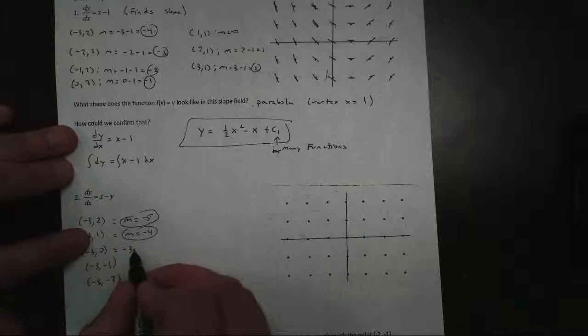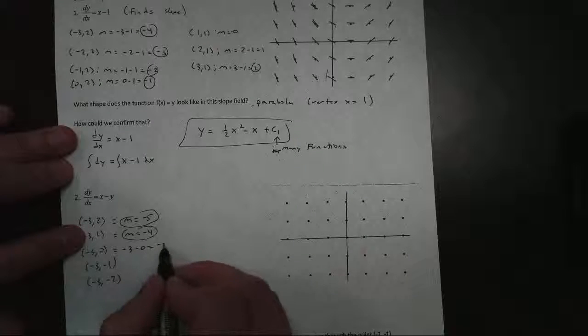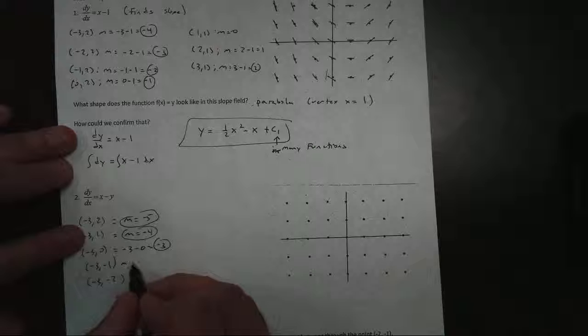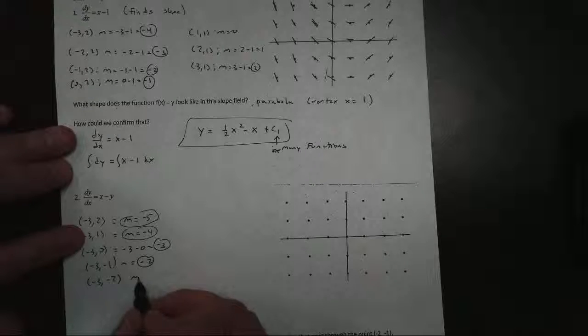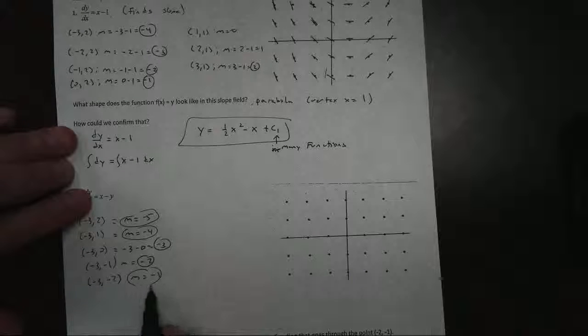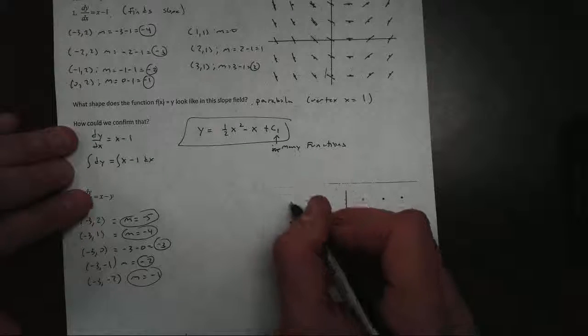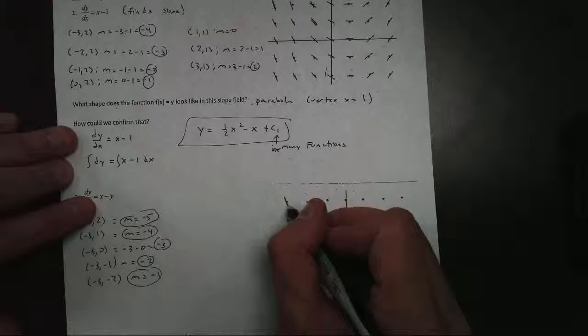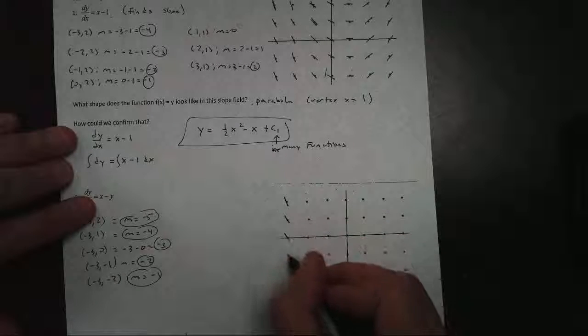Here, -3 minus 0, -3. Here, my slope is -2. My slope here, -1. You can verify that because -3 minus a -2 is -1. So when I go here, my slope starts off at -5, very steep, -4, and it keeps going, like so.